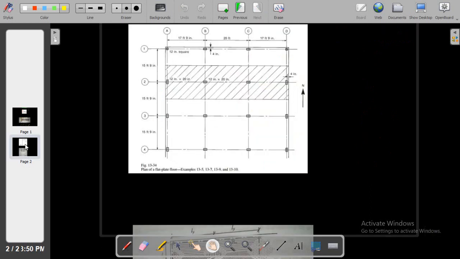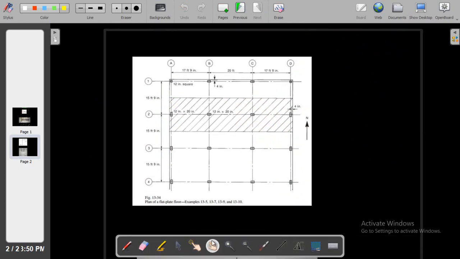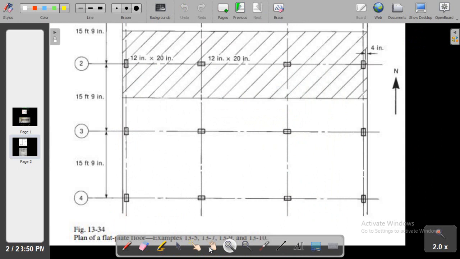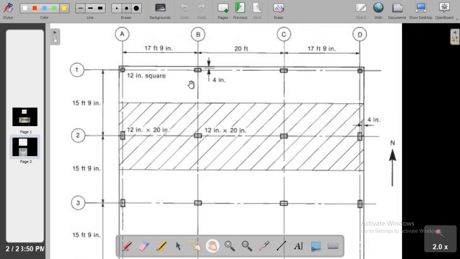Now the two-way slab system is a little bit complicated. You can see this is a two-way slab system, and here this is 17.75 and this is 15.75. If you divide them, the ratio will be less than 2, so that is why all the panels are two-way panels.